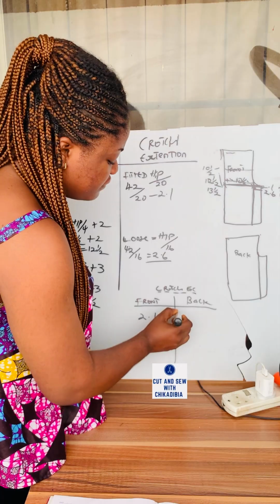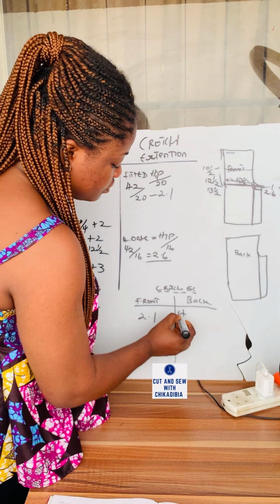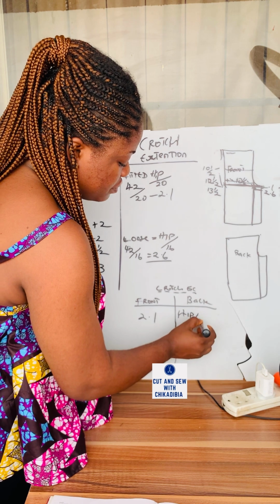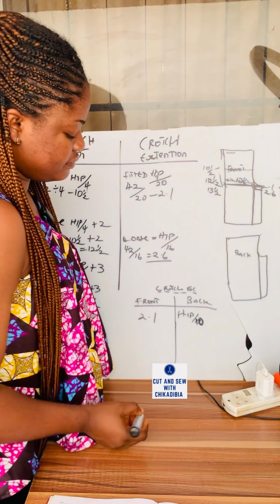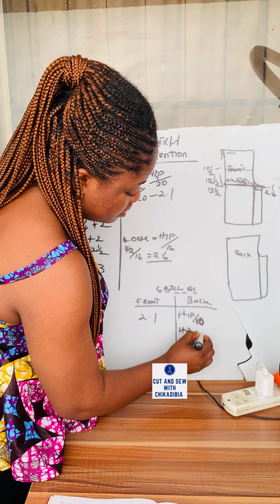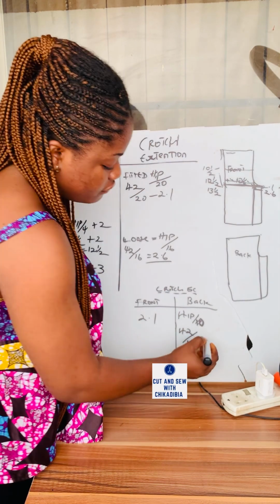So here you're going to divide your hip by 10, sorry, not 20 again, 10. Now I'm going to divide 42 by 10. It's going to give me 4.2.